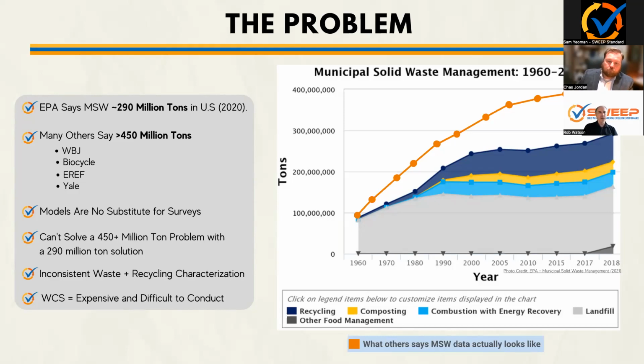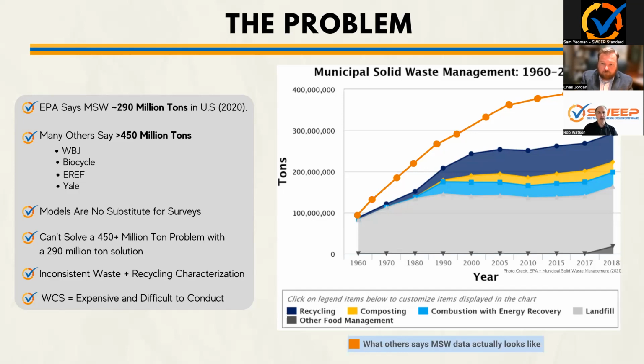One is a modeling exercise by EPA, whereas the others have actually called up facilities and said, how many tons are you doing? So, obviously, as Chaz has mentioned, getting your hands dirty and into the waste is the best way to understand what's there. And from a macro policy perspective, you can't solve a 450 million ton problem with a 290 million ton solution.